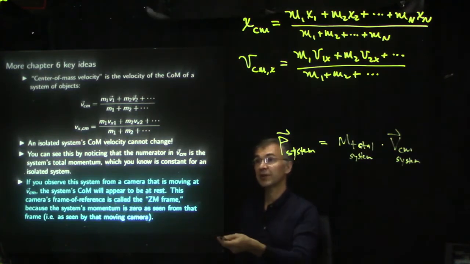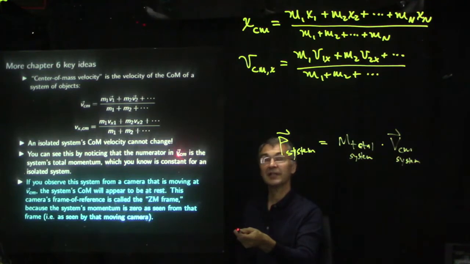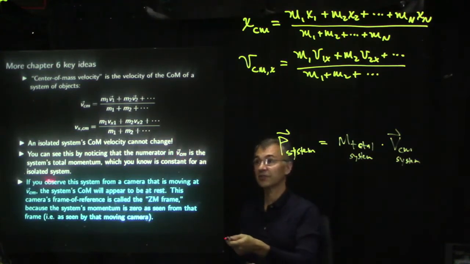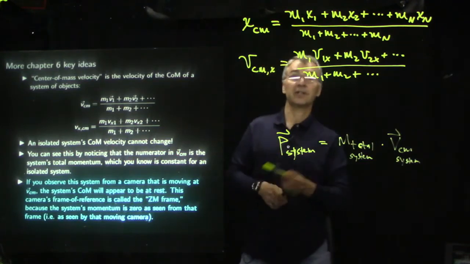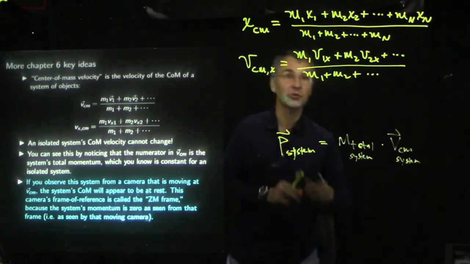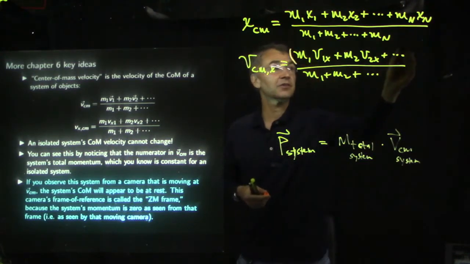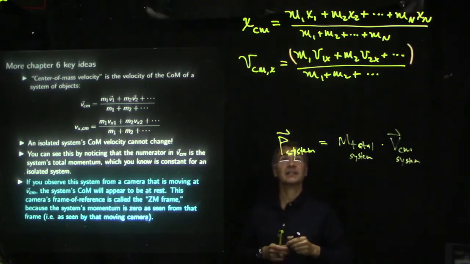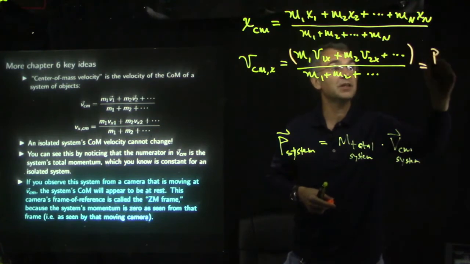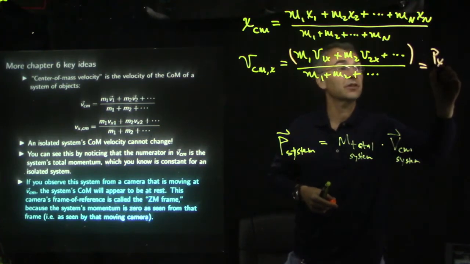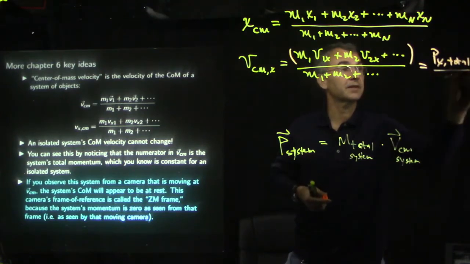You can see this by noticing that the numerator in the center of mass velocity is the system's total momentum, which you know is constant for an isolated system. This numerator is what you're accustomed to looking at as P sub x of the system, divided by the total mass.